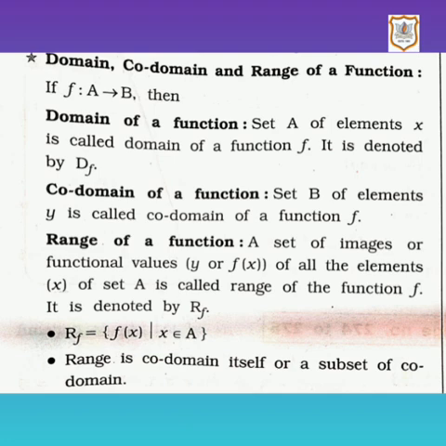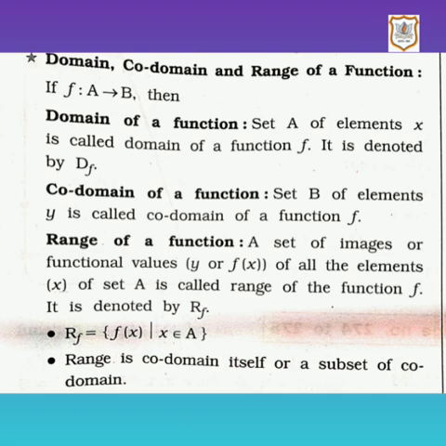Now the range of a function: the set of images or functional values y or f(x) of all the elements x of set A is called the range of the function f. It is denoted by R(f). Here, the important thing about range is that range is the codomain itself, or a subset of the codomain.